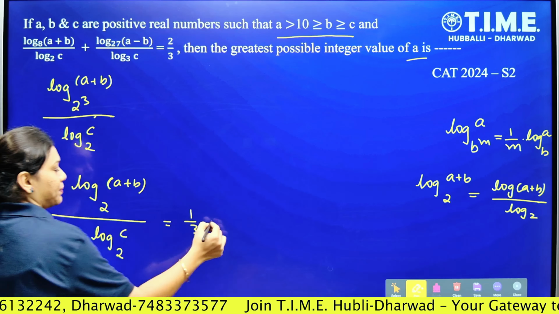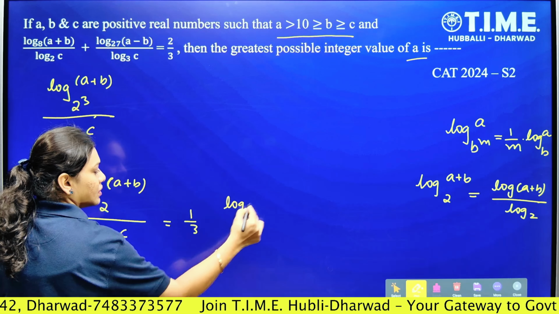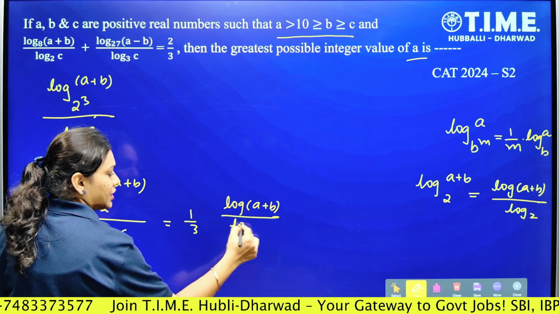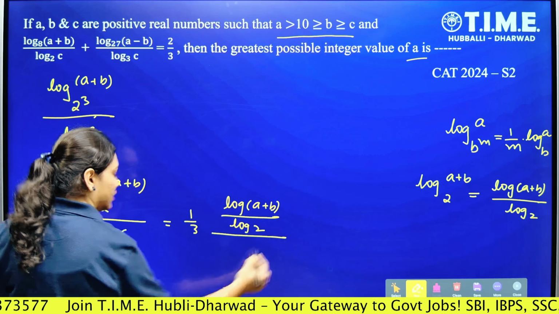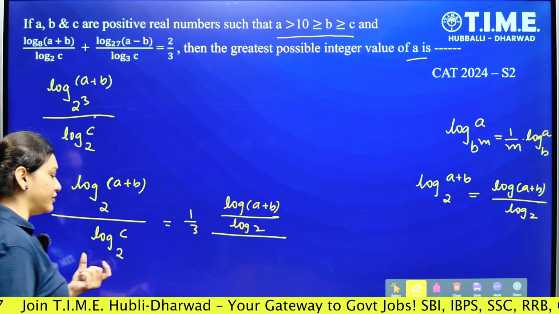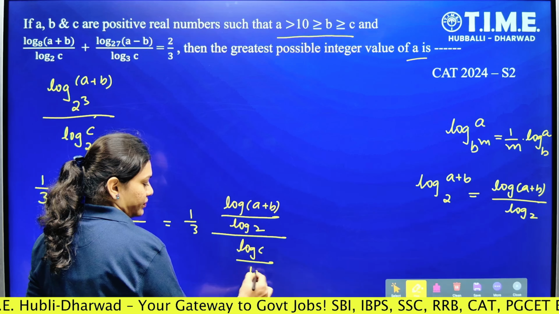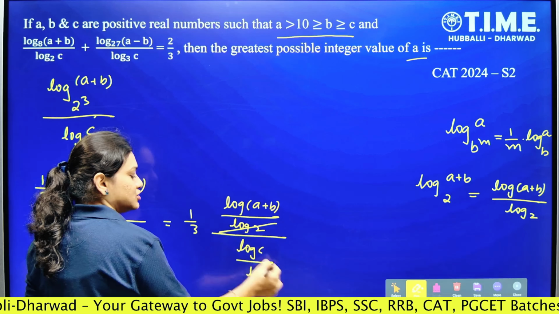So log of A plus B base 2 can be written as log of A plus B upon log 2, and again the denominator we simplify as log C upon log 2. These two log 2 terms get cancelled.